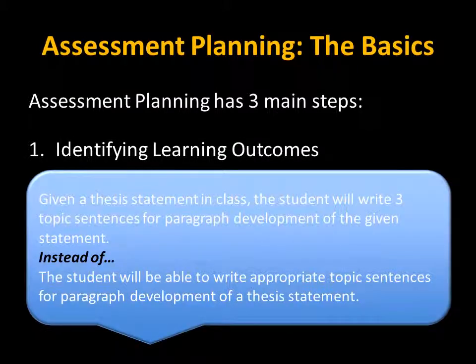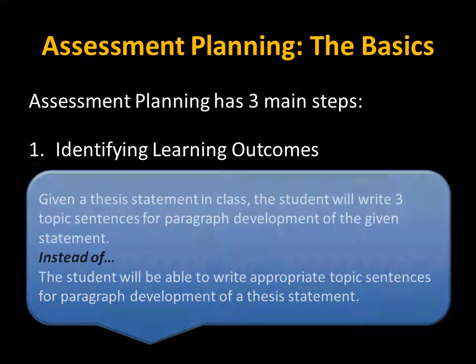Time invested in stating these outcomes as specifically as possible pays off in more focused assignments, improved testing and evaluation, and better choices in instructional strategies. When shared with students, clear learning outcomes can enhance student learning. The importance of clearly worded learning outcomes cannot be overstated.